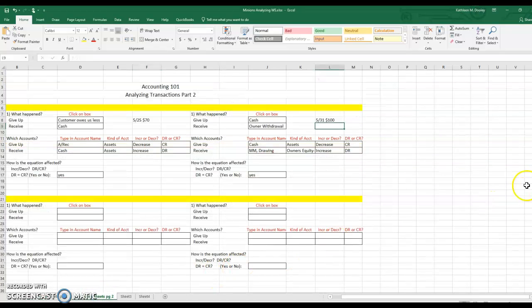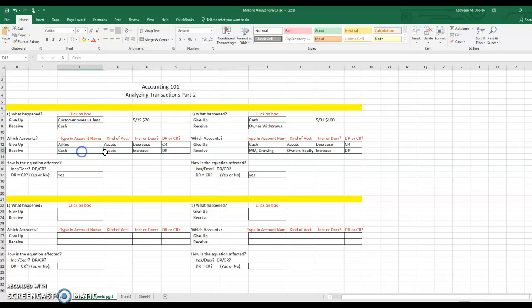Okay, so now we'll finish the last two transactions here. Here we received cash from customers that owed us from before. And so we have a debit to cash and a credit to accounts receivable on May 25th for $70.